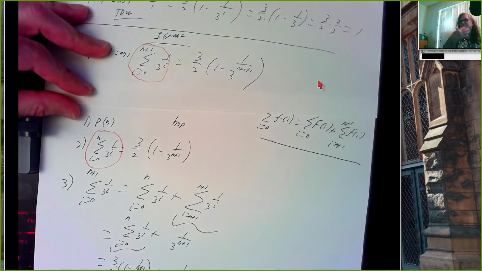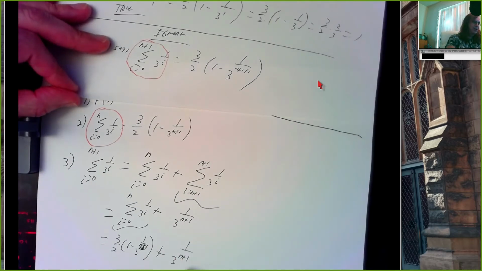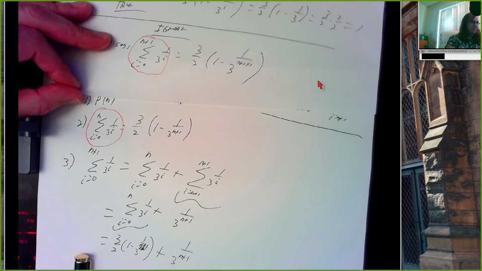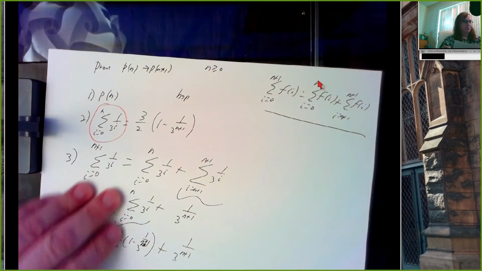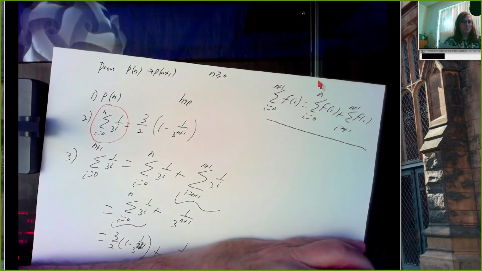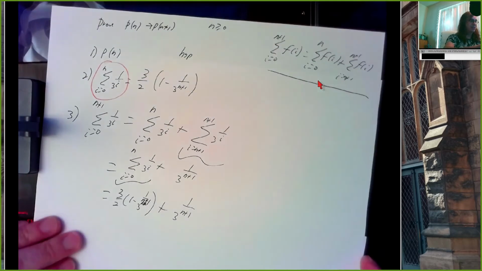And now this is where we get into playing the games of algebra to see if we can somehow rewrite this. And that's its own subproblem. But this is algebra, right?